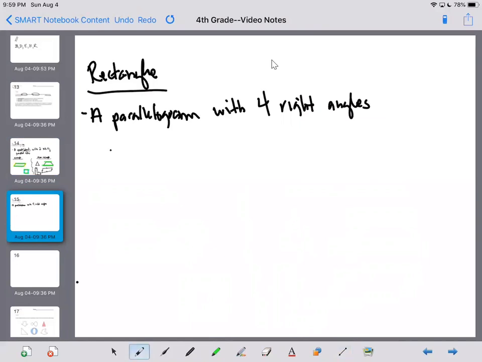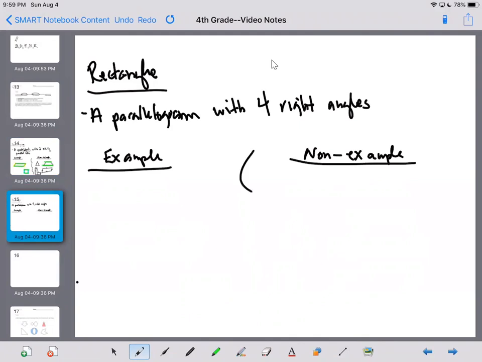So let's look at an example. Non-example. This would be an example of 4 right angles. Notice it's also a parallelogram because it has 2 sets of parallel sides.